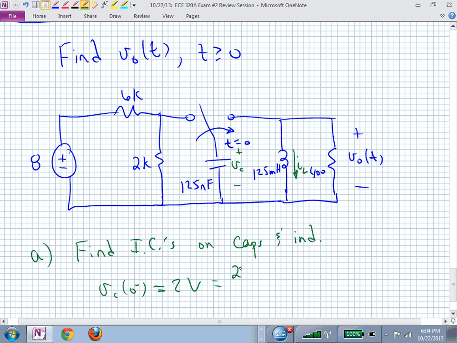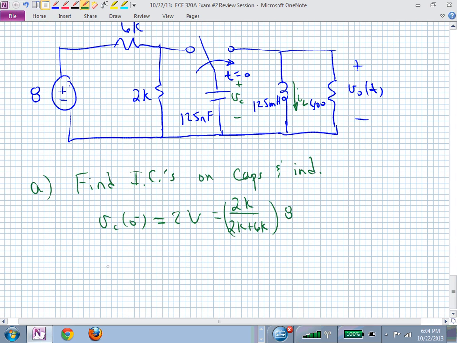That's simply 2K over 2K plus 6K times 8. That's where that's coming from. And I hopefully convinced you that the initial current on the inductor is 0. And now we have the initial conditions for what's going to happen to the circuit.